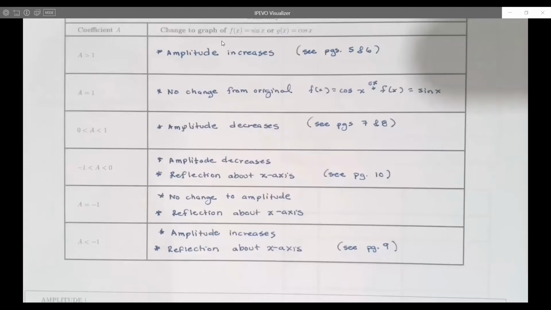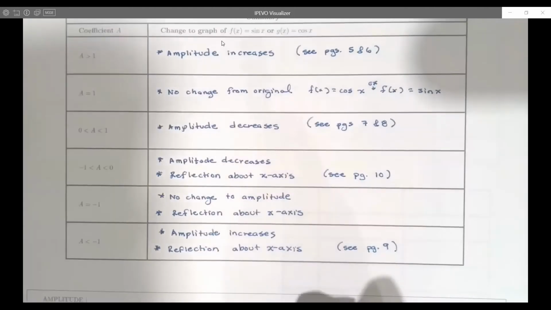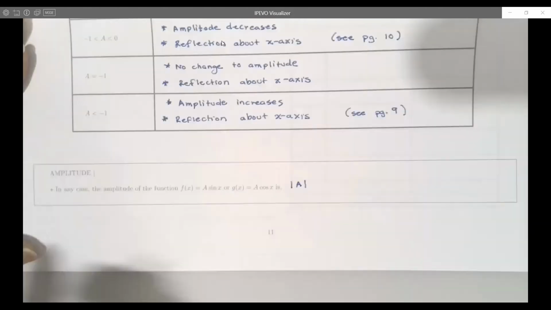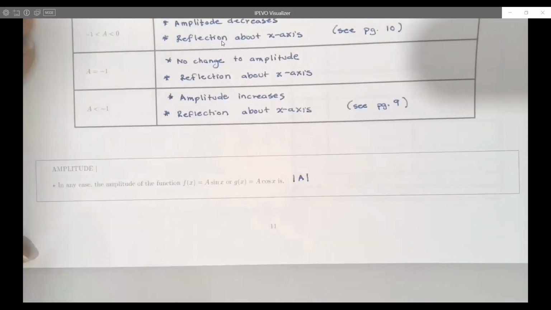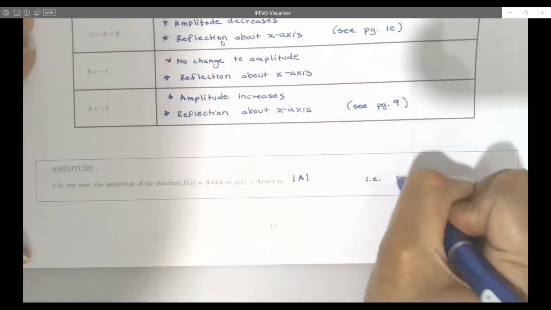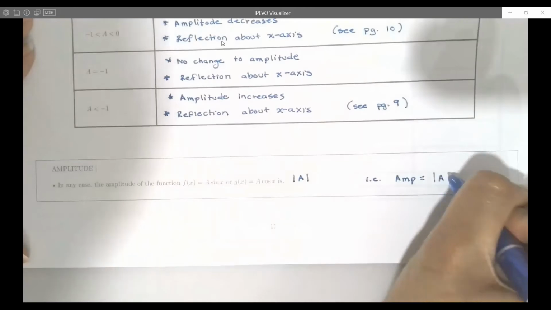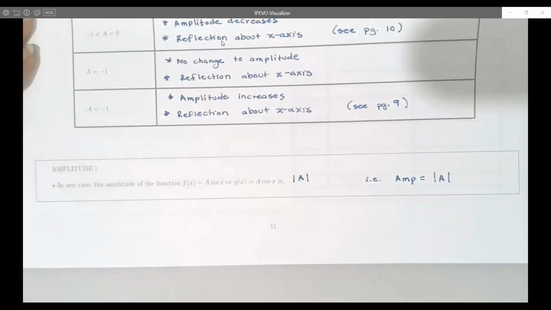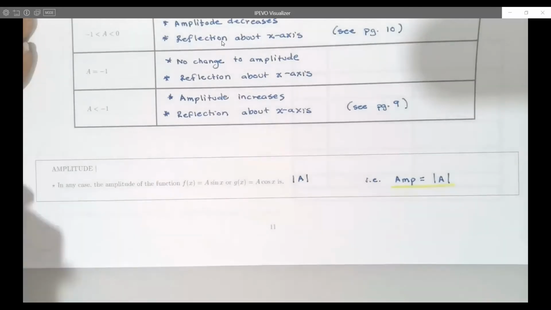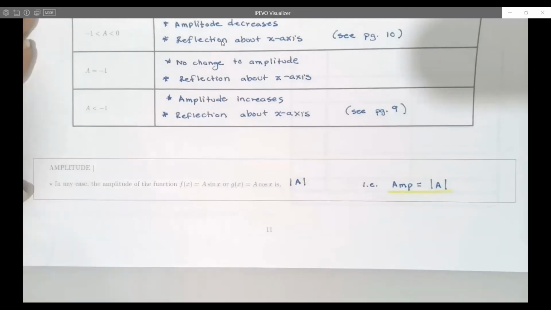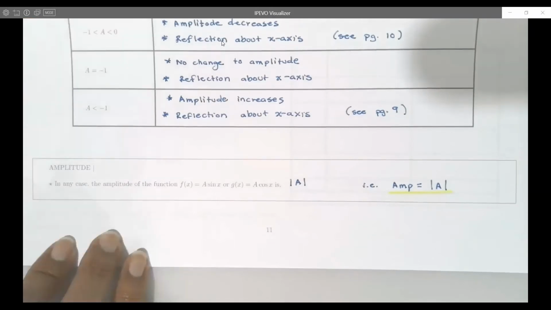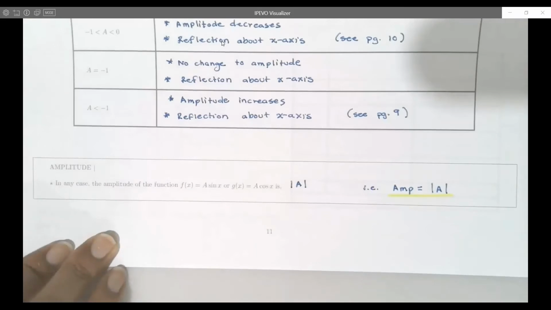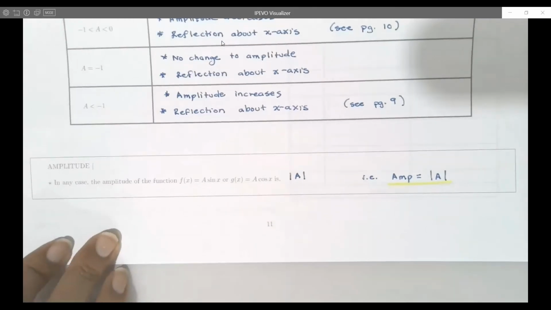Just to write it over here on page 11, it's given by the absolute value of a. Okay. Any questions there?